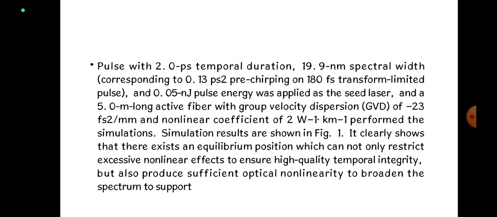Simulation results clearly show that there exists an equilibrium position which can not only restrict excessive nonlinear effects to ensure high quality temporal integrity but also produce sufficient optical nonlinearity to broaden the spectrum to support short pulses.